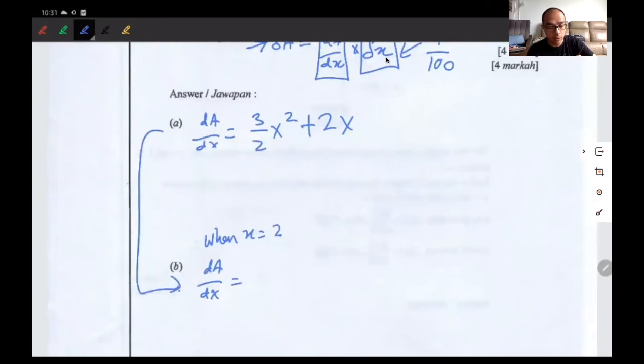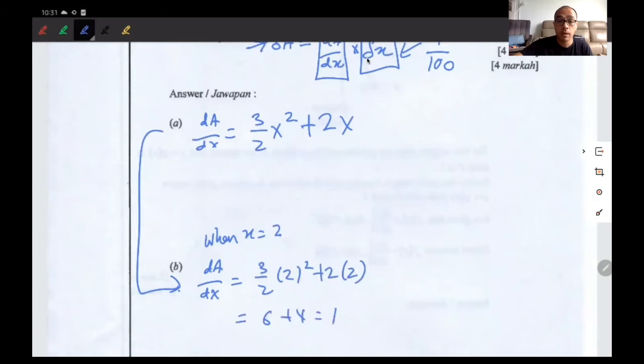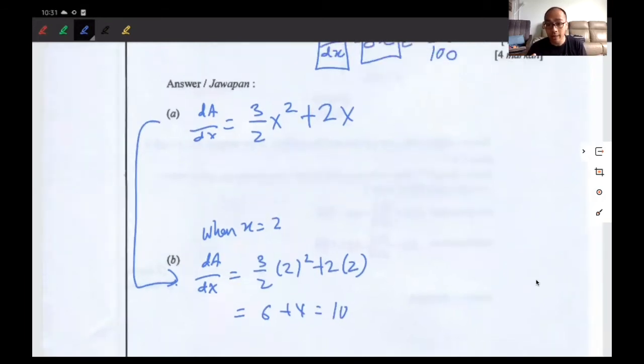So 3 over 2 times 2 squared plus 2 times 2. So you get 3 times 2 is 6, plus 4 is 10. So dA/dx equals 10.